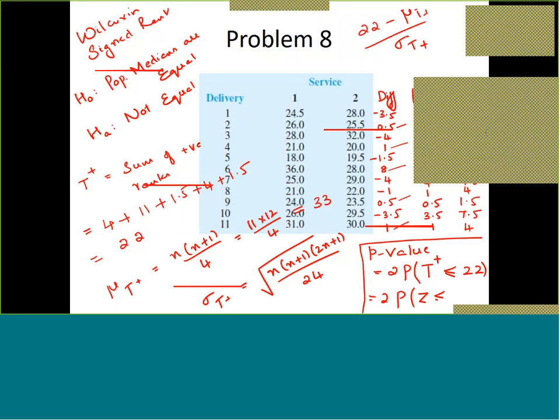The second one is the Wilcoxon signed rank test. It is used to check whether population medians are equal or not. Two populations here you are taking, whereas in the sign test, only one population and we are checking its median.